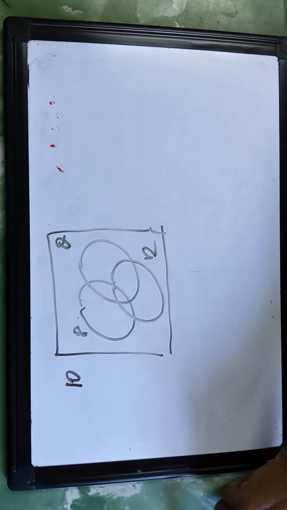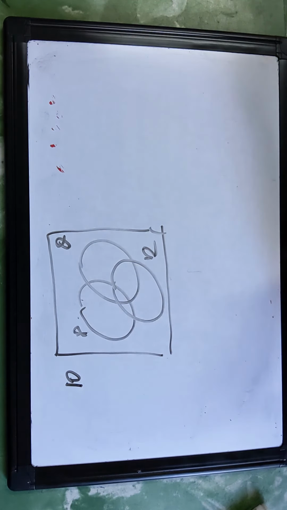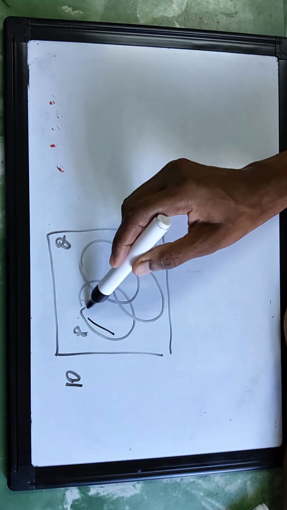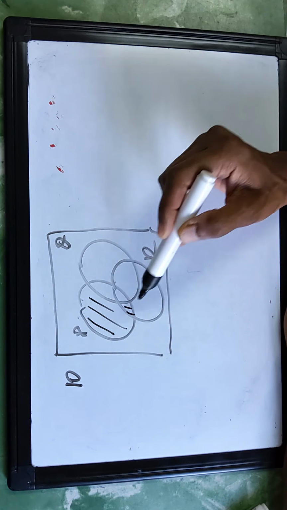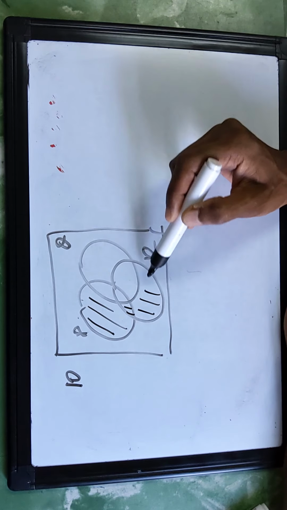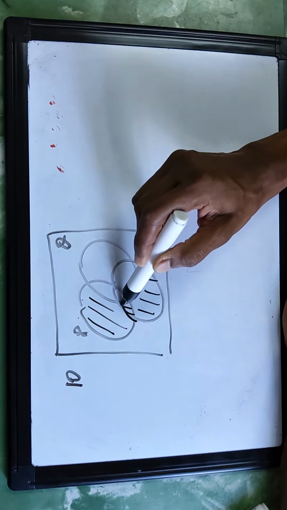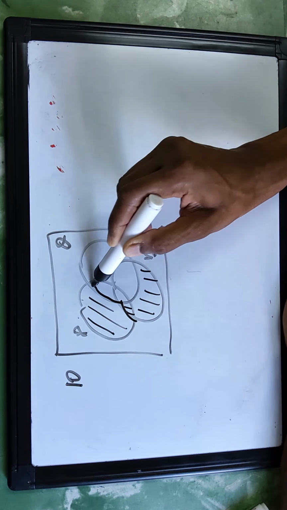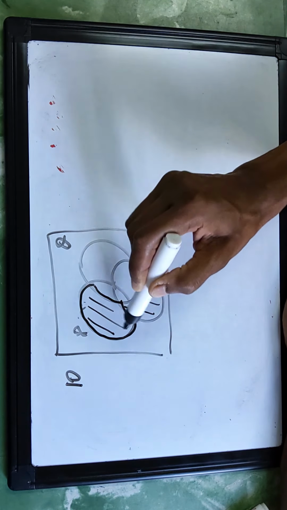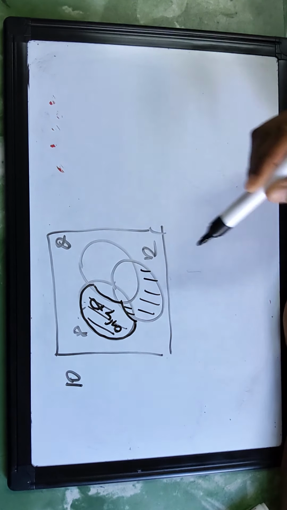And then the region shaded inside, we have this one shaded, the smaller one here, and the other one here. Now, if you look at the diagram, this part is only P. Only P, that is, P is involved.